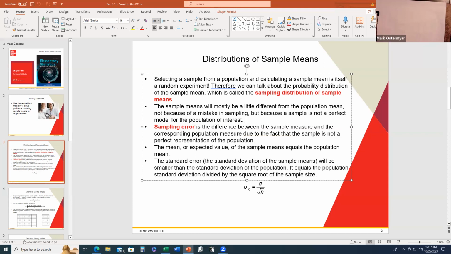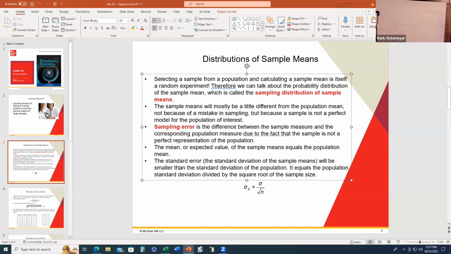Okay. Now, we are going to discover that when we reach into our parent population and pull all samples of a certain size out of the population and compute the mean of each one, we're going to learn that the mean of this sampling distribution of all these sample means is indeed equal to the population mean.